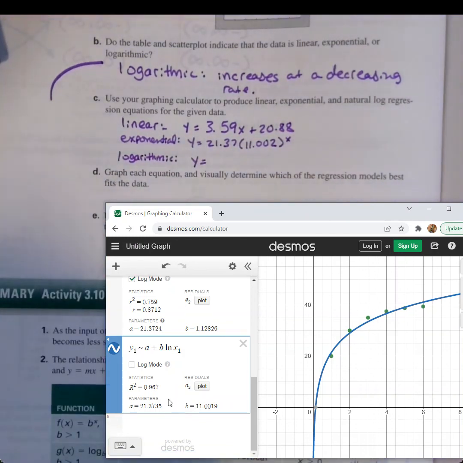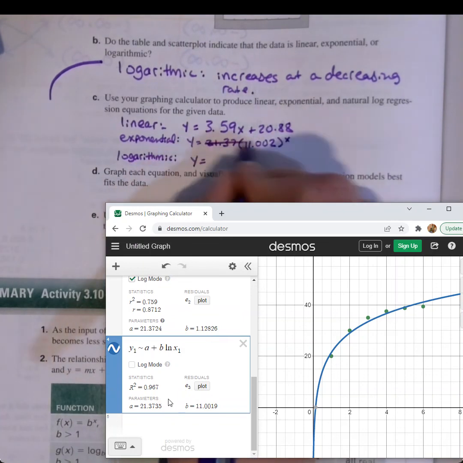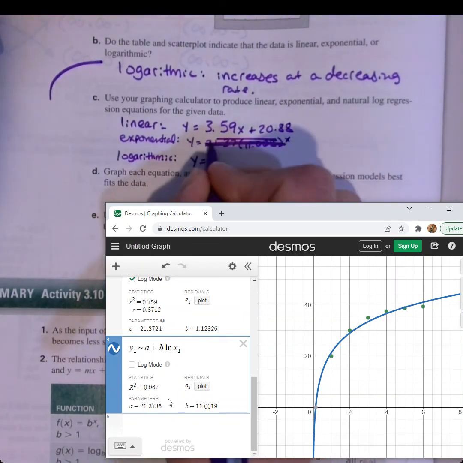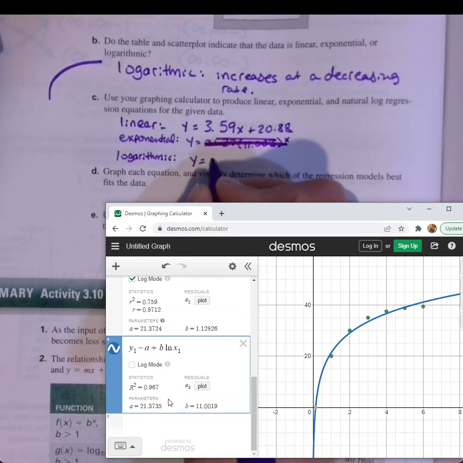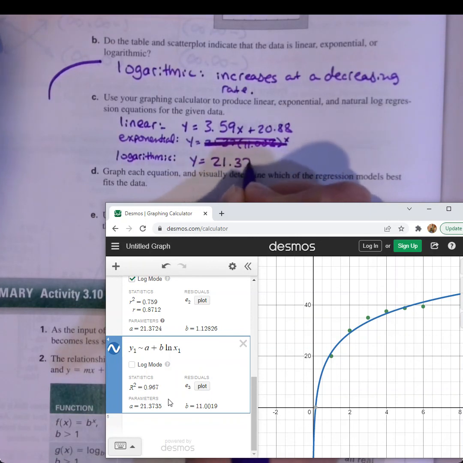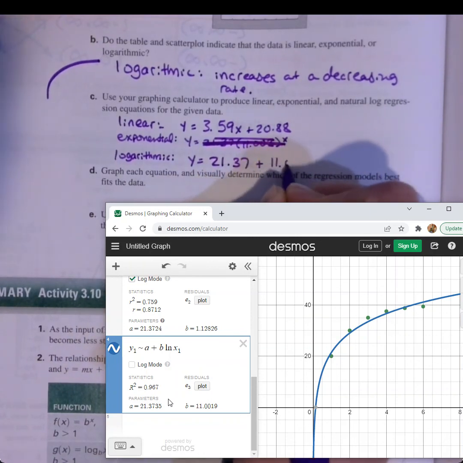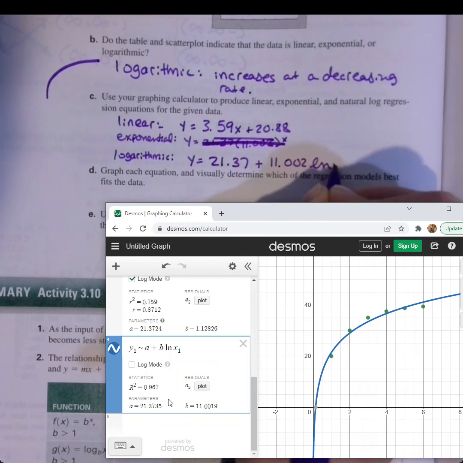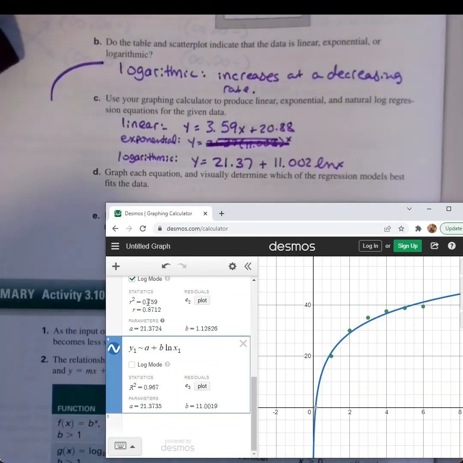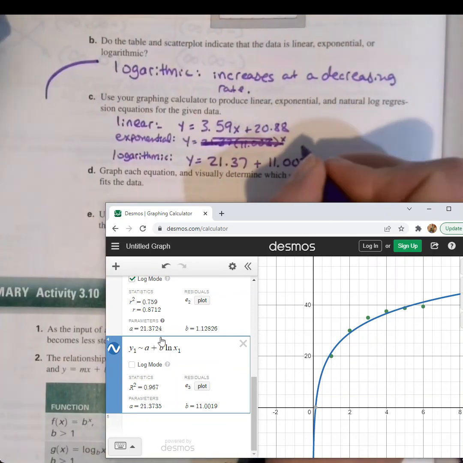is, oh goodness, I just messed those two up. I scrolled down further than I thought. So this one was 21.37 plus 11.002 natural log of x. I just scrolled down too far. I was trying to scroll down to this one. Or maybe I got confused because those numbers are pretty similar. I somehow messed up the exponential.